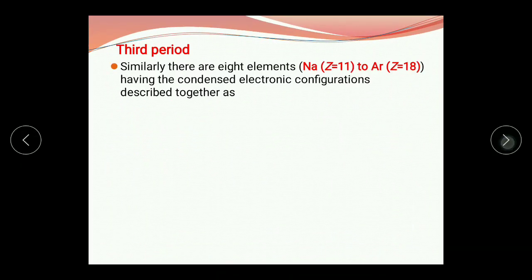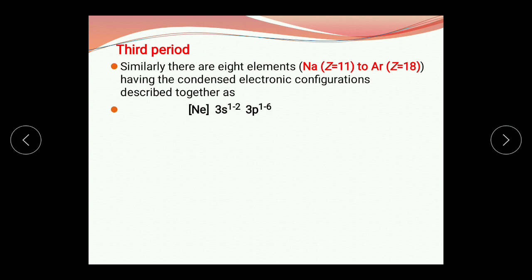Now third period. We will start with the third period. There are 8 elements beginning with sodium, atomic number 11, to argon, atomic number 18, in the third period. They have condensed electronic configuration. We can describe it as [Ne].